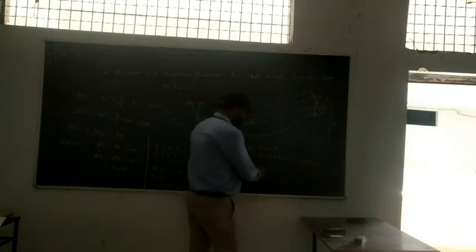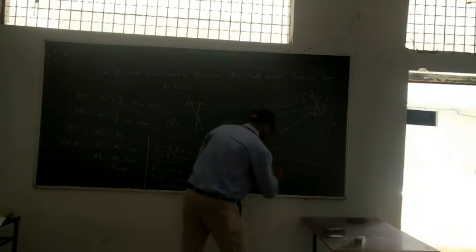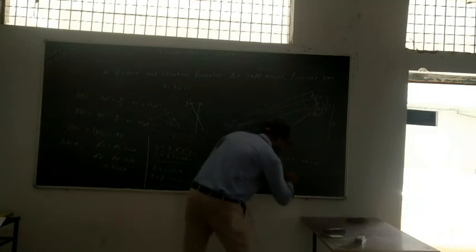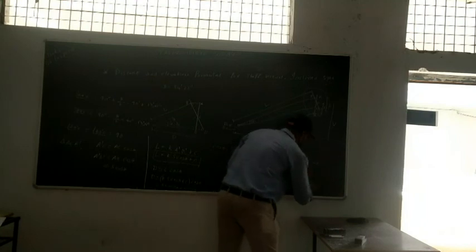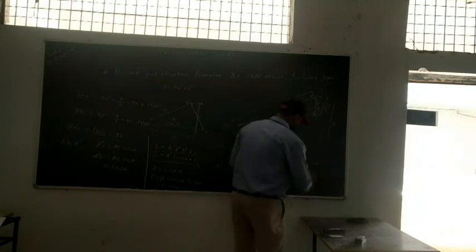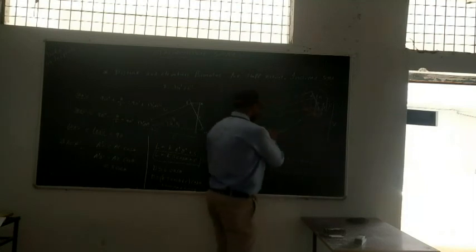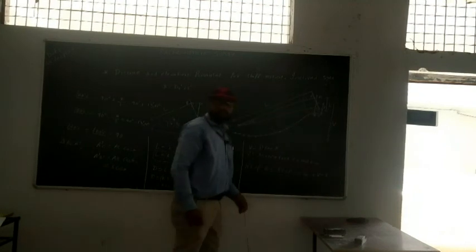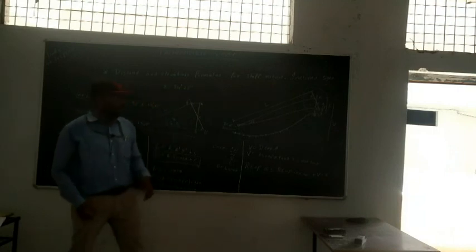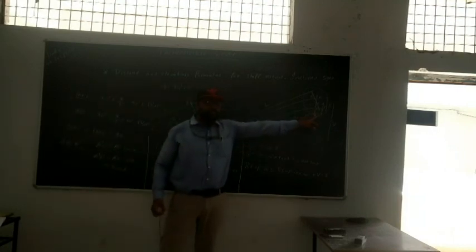RL of Q will be RL of instrument axis plus V minus R. You will get RL of Q.